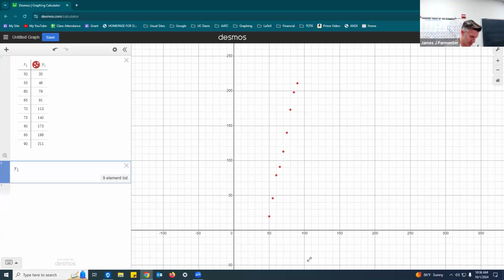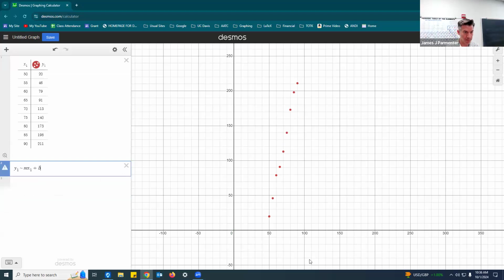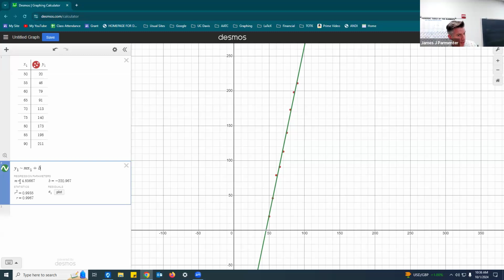And then you draw this little tilde symbol to give you the approximate line that's going through. So that's what's going to give you the best fit line, or the best fit power function, or the best fit logarithmic function later on. And then you do your mx1 plus b. And then it gives you the slope, approximately 4.85667, and the y-intercept, approximately negative 220.967.